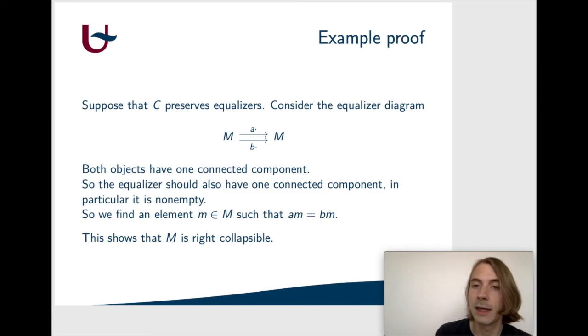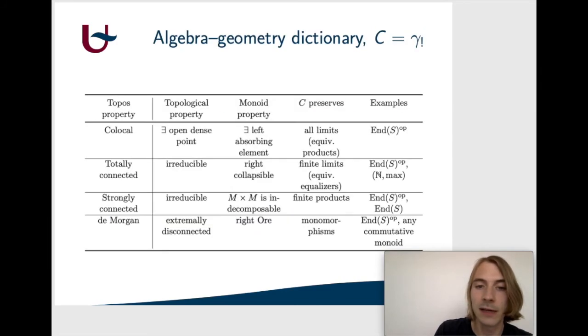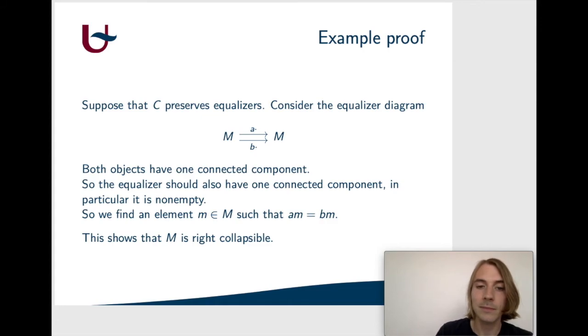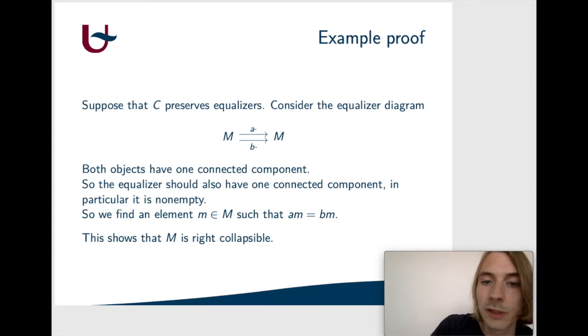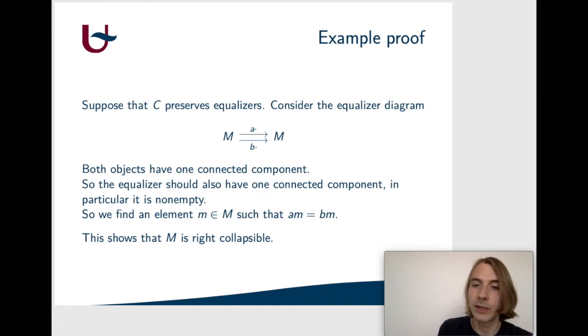We will give an example of a proof. So we want to prove that the connected components functor preserves equalizers if and only if the monoid is right collapsible. So this is the second row in the diagram here. So suppose that C preserves equalizers, then we can look at the particular equalizer diagram with as objects each a copy of M. So this is M with the right action given by multiplication. And we take two maps.